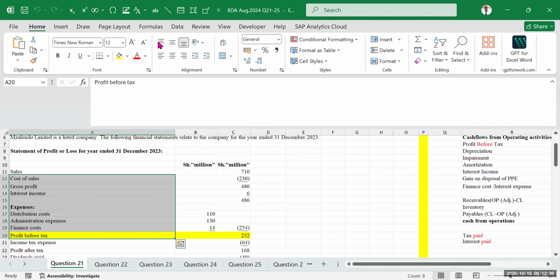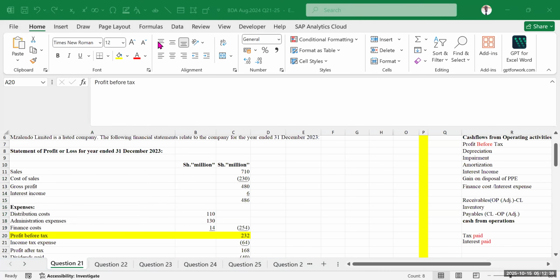That's the adjustment that we were doing. We were adjusting the non-cash elements. What we mean by non-cash elements is those transactions that were recognized on accrual basis in our statement of profit or loss, but did not involve movement of money, did not involve either payment or receipt of actual money.